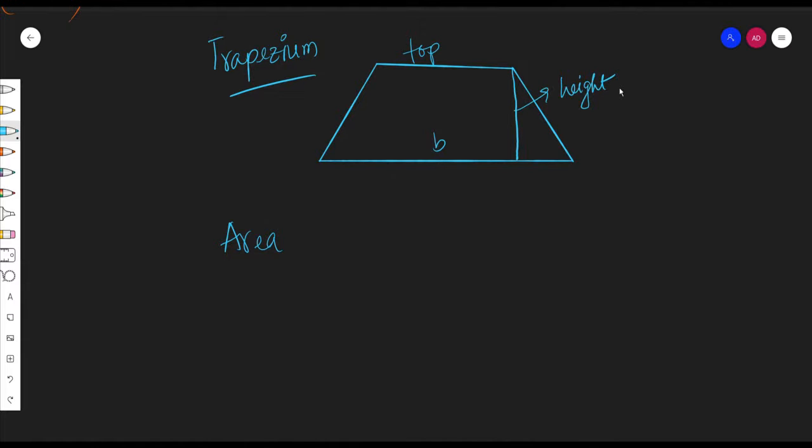So for any trapezium, the area will be base plus top divided by 2, into height.